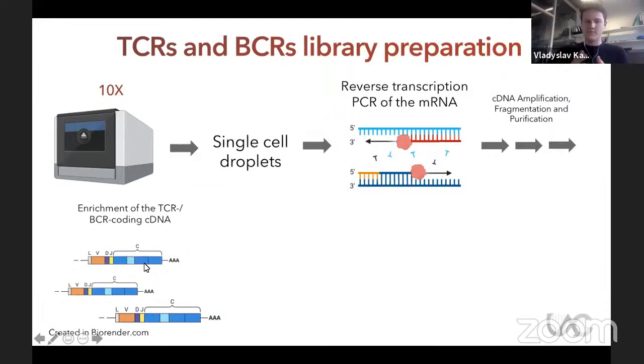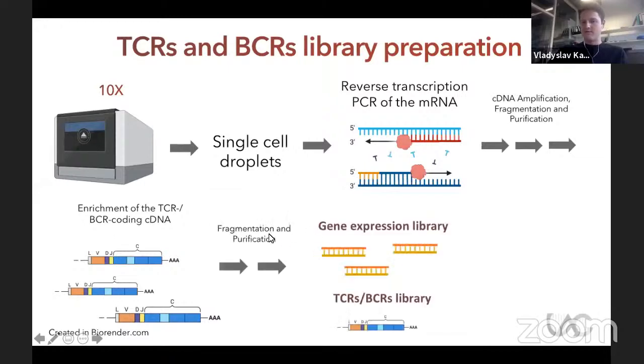I will repeat once more, we are doing nothing more than just enrichment with the help of the primers of the TCR and BCR coding cDNA, out of the cDNA that we synthesized before. In this way, you're creating a second library that contains information from the cDNA about the TCR and BCRs.